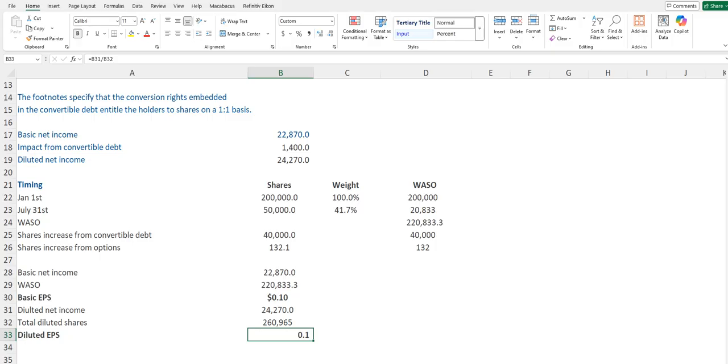Now if we change it into a two-decimal format, you will see the diluted EPS is actually smaller than the basic EPS, which makes sense because the denominator becomes bigger. So here's how I calculate the diluted EPS and basic EPS.